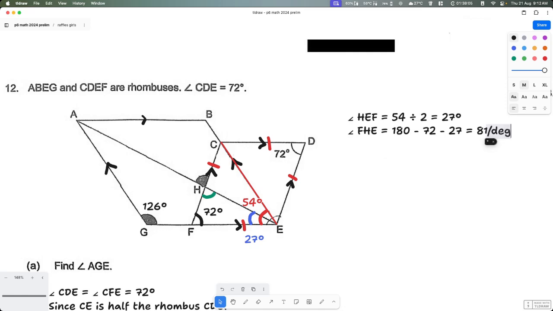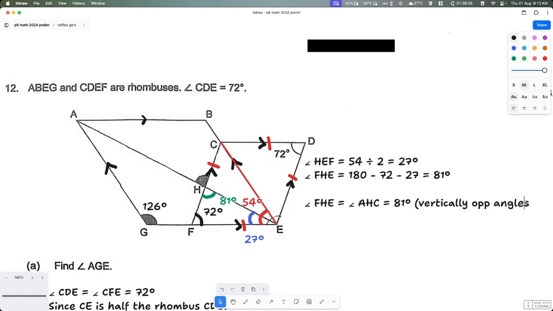Since FHE is vertically opposite, FHE is equal to angle AHC, which is 81 degrees. These are vertically opposite angles. There we go, that's the answer, 81 degrees. All right, let's move on to the next question.